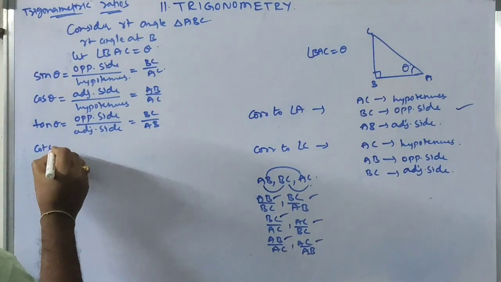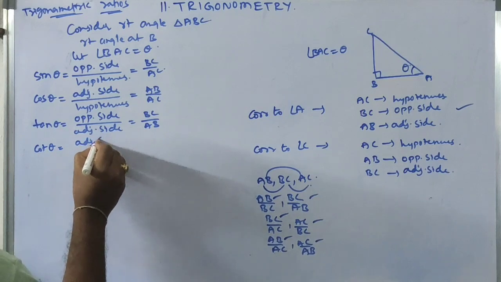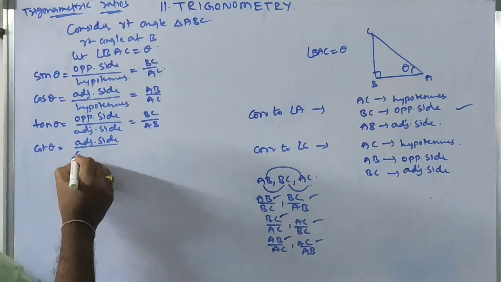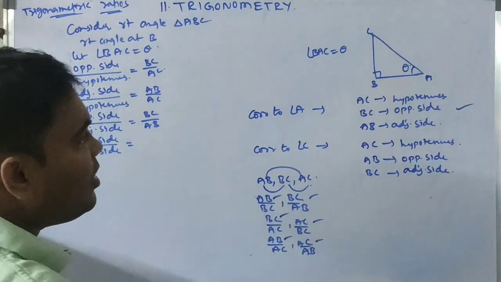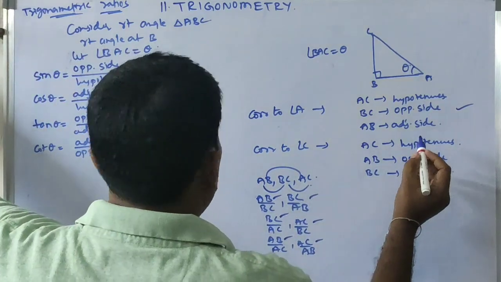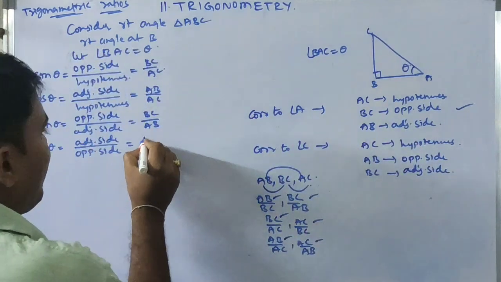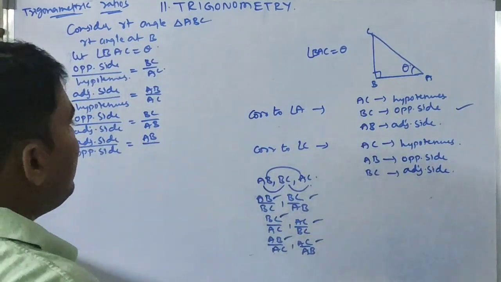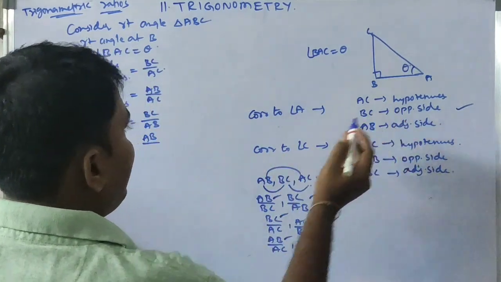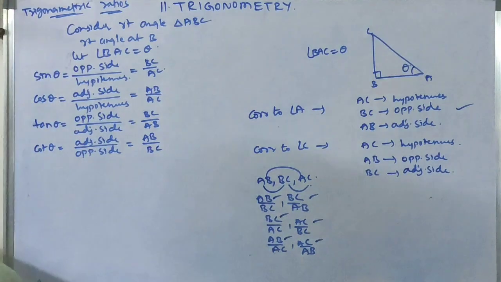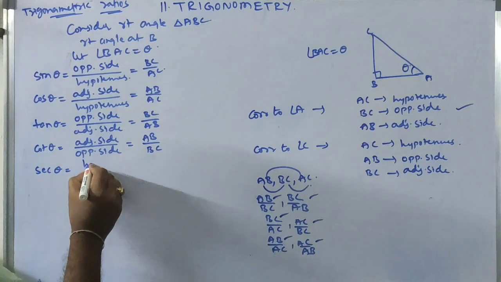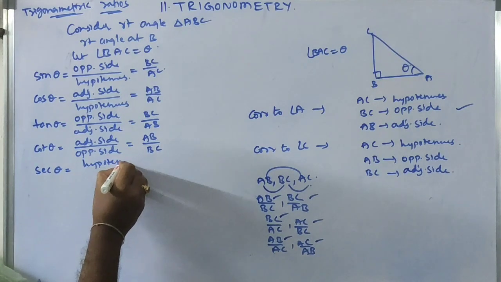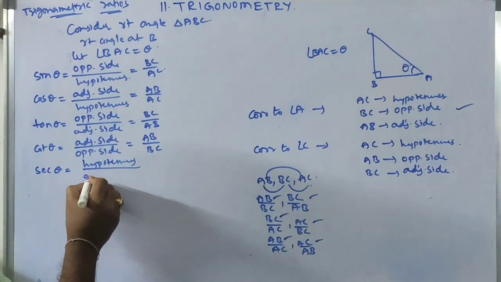Next, cot theta. The definition of cot theta is adjacent side by opposite side. Adjacent side is AB by opposite side BC, adjacent by opposite. And next, sec theta. Sec theta is hypotenuse by adjacent side.